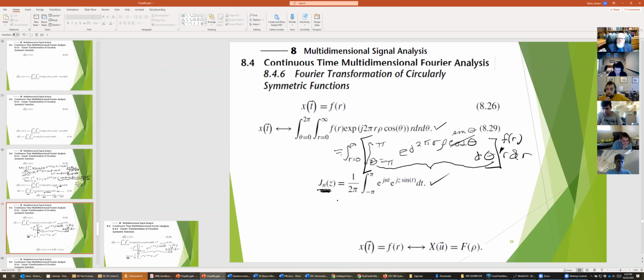Well, notice if we set n equal to 0, and we set z equal to 2 pi r rho, then we have exactly what we need in order to evaluate this integral in closed form.